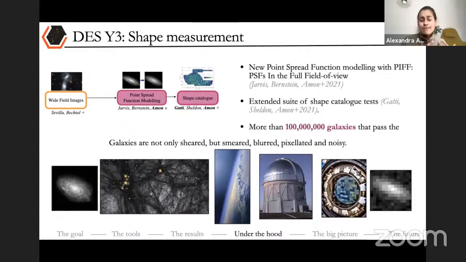So we really had many more tests compared to what we did in year 1. And so those are published in the papers that I highlighted there. And in the end, we whittled down our object catalog to just over 100 million galaxies. And so these are galaxies that have passed all the extensive validation tests that we required.